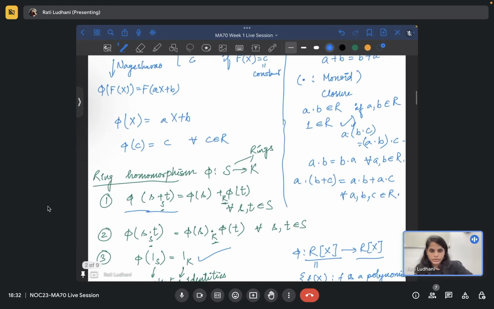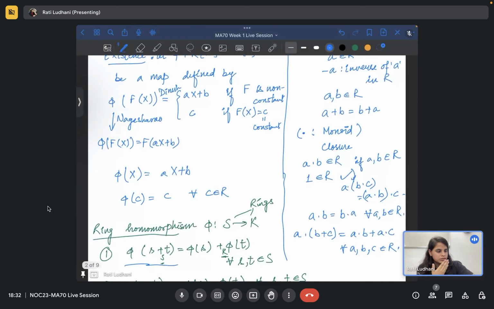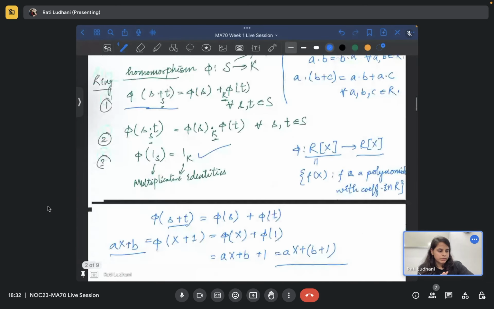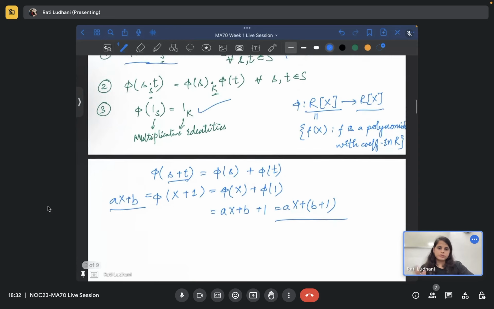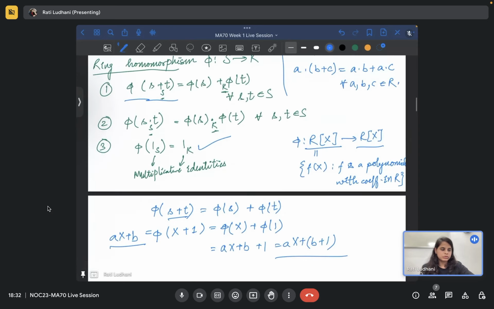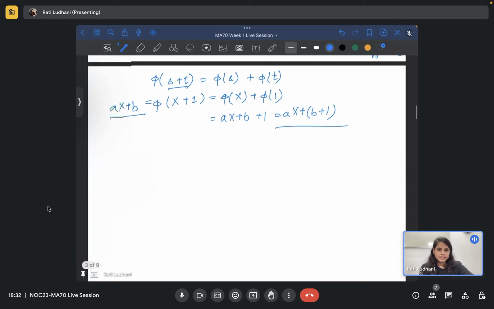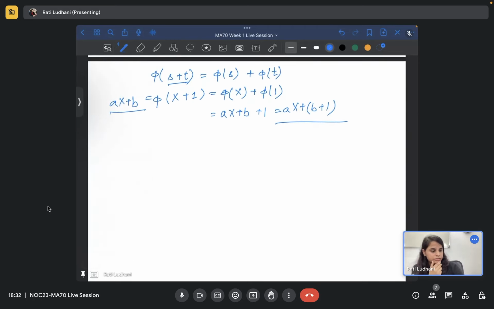So what can we modify here? What we really require, let's see, because we don't want to just jump to define the map and do it. We can actually see which one could work. So what you really need are the three properties. One property is definitely satisfied when you fix constants to go to constants.